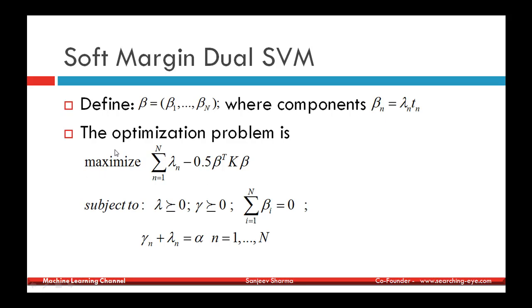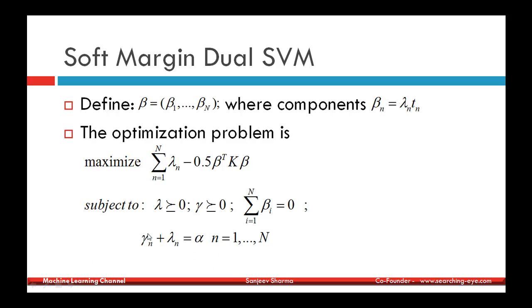So this is equal to maximizing the sum over all n from 1 to n of lambda n minus 0.5 beta transpose K beta, where K is again a kernel matrix, and lambda and gamma, each of the components, should be greater than or equal to 0, and the sum over i from 1 to n of beta i, or lambda i t i, should be equal to 0, and gamma n plus lambda n should be equal to alpha for all n.